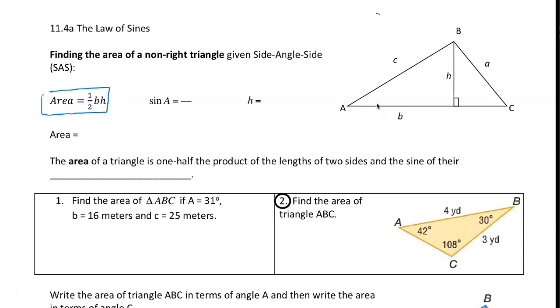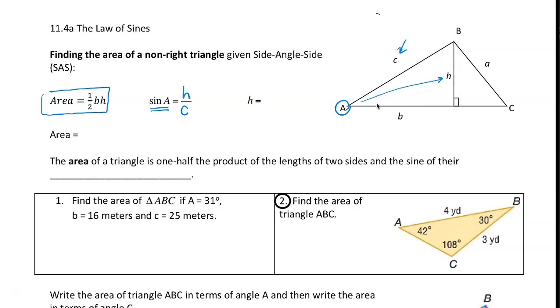We can write a trig ratio for sine of angle A. Here's angle A. Sine of angle A would be the opposite side, which is h, divided by the hypotenuse, which is c. So that would be h over c.